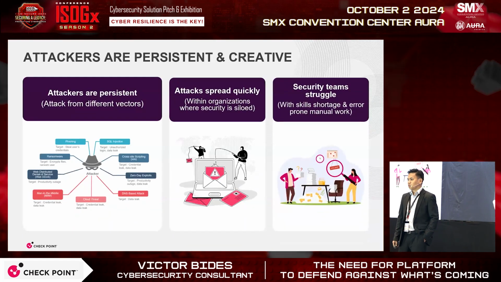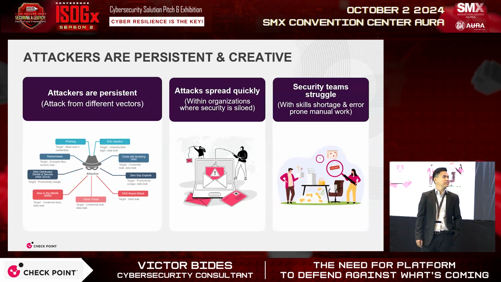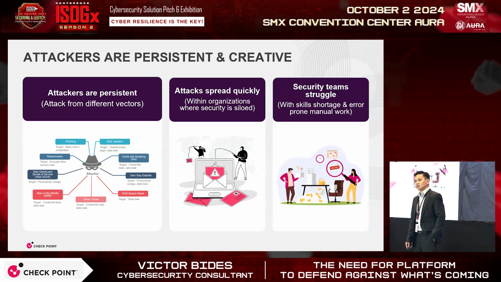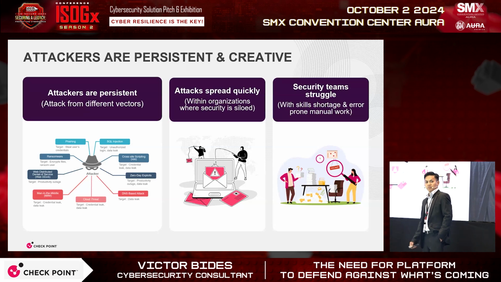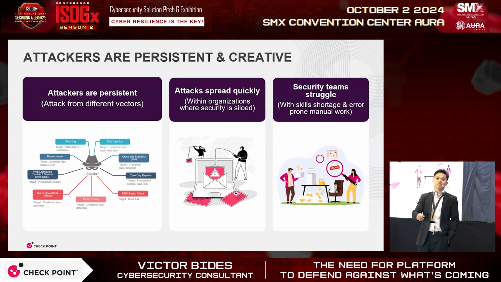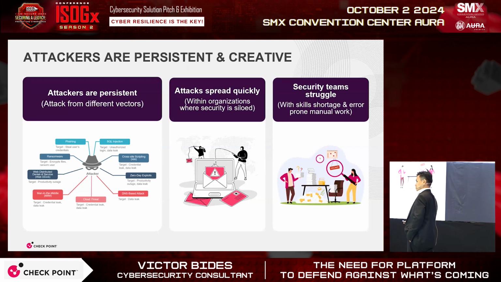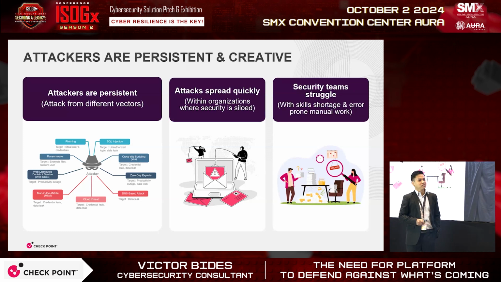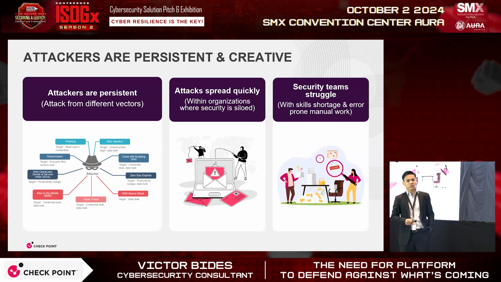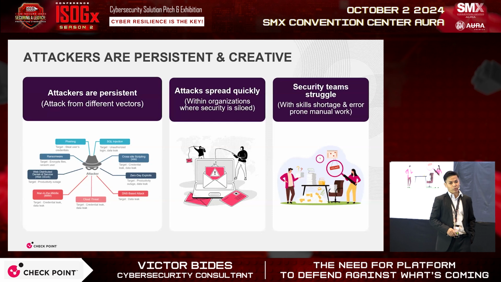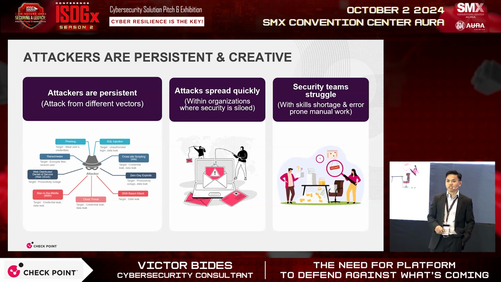Now, wrapping those different attack vectors, attackers are now being persistent and creative. They can utilize different attack vectors, be it from the network, the email, the SaaS applications you're using, IoT, and even my mobile phone. And this attack could spread quickly, especially if I am a typical SOC operation where I'm using siloed security tools.